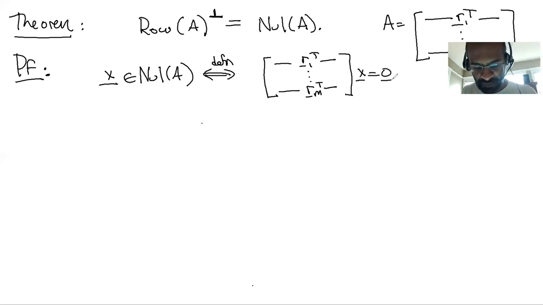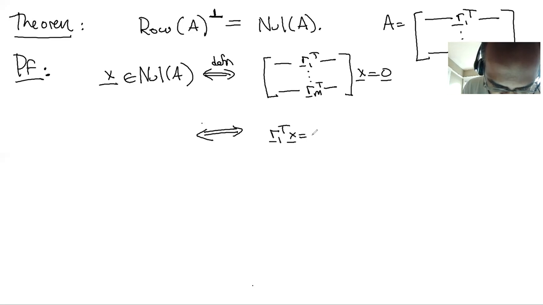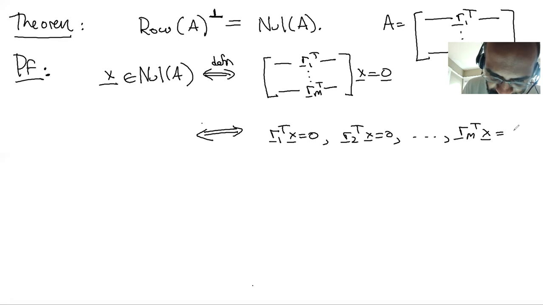That's the definition. But now, just thinking about the high school definition of matrix vector product, when you multiply a matrix by a vector, you just end up taking the dot product of each of the rows with the vector. So this definition is equivalent to saying that R1 transpose X equals 0, R2 transpose X equals 0, all the way to Rm transpose X equals 0.